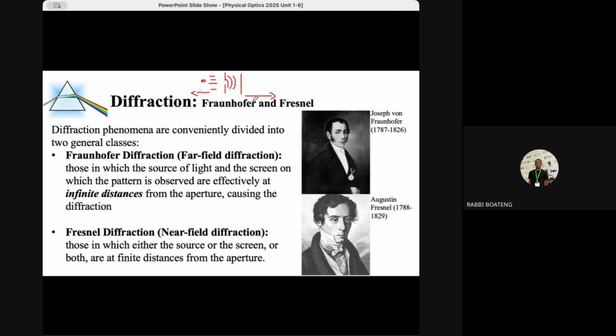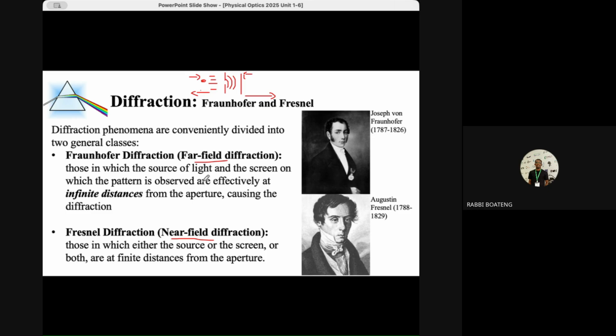And Fresnel also explained that if we have another diffraction situation, but this time the light source is at a finite position, that is at a small distance, that is where we have what we call near field diffraction. So here is far field diffraction, here is near field diffraction.